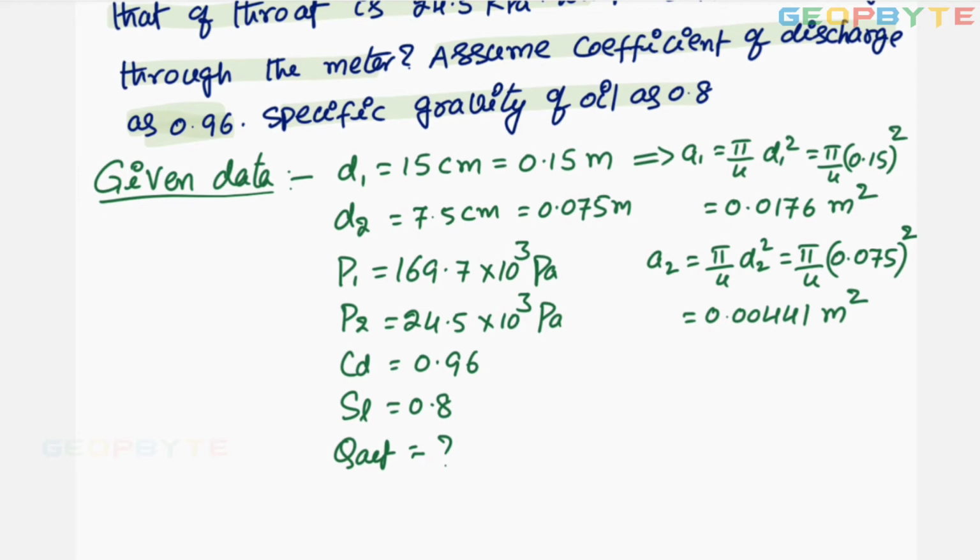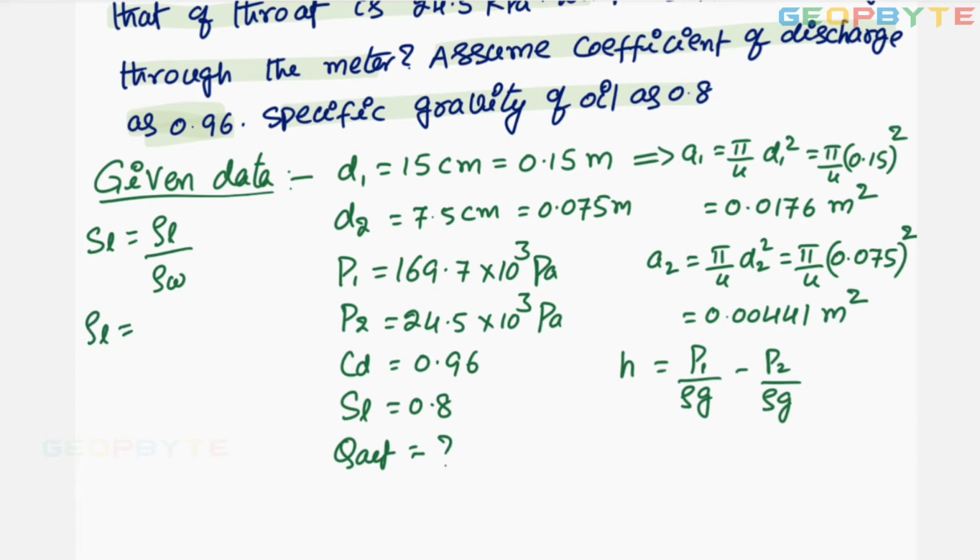Here the pressure head I can find as P1 by rho g minus P2 by rho g, since pressures are given directly. Now here rho, the specific gravity of the oil flowing, or specific gravity of the liquid which is flowing through the pipe, equal to density of the liquid by density of the water.